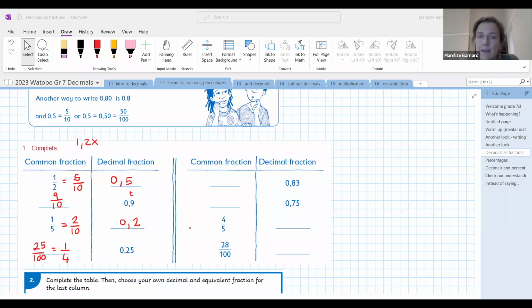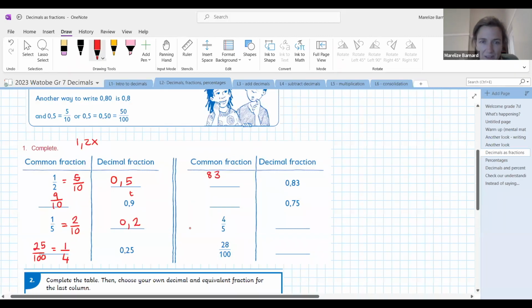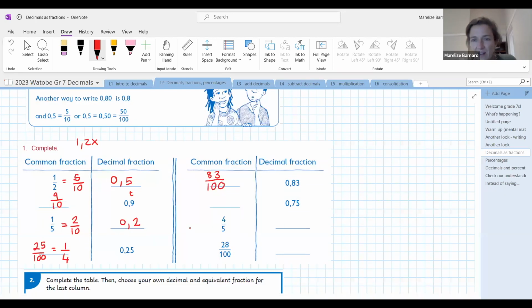Okay, let's see. What can you tell me for the first one? 0,83, what is that as a common fraction? I see lots of people telling me they're done, but they're not. Thanks, Tara Jane. Tara Jane gave us the answer there. That is 83 hundredths. That's right.